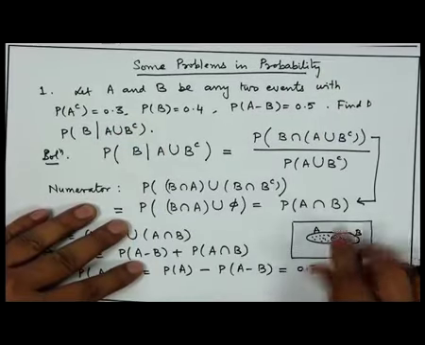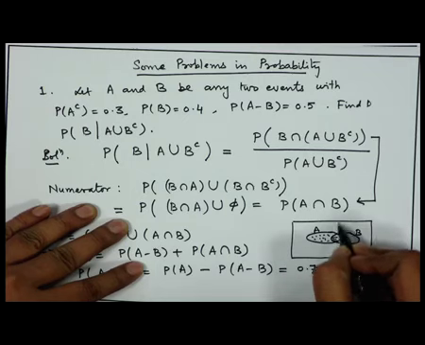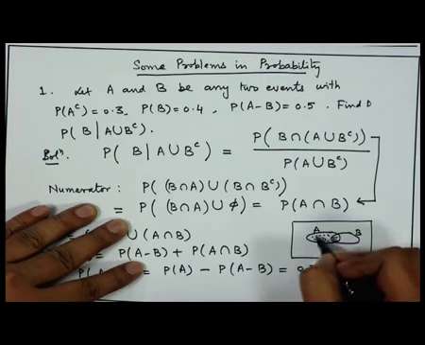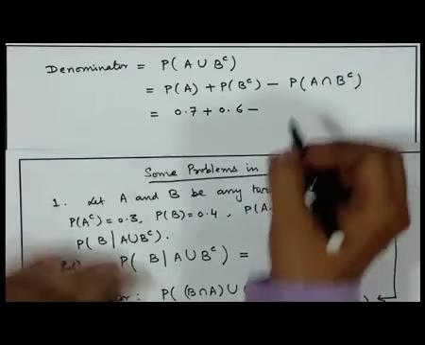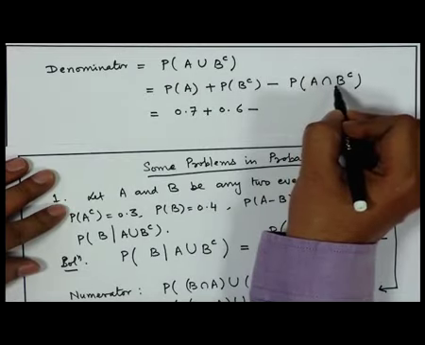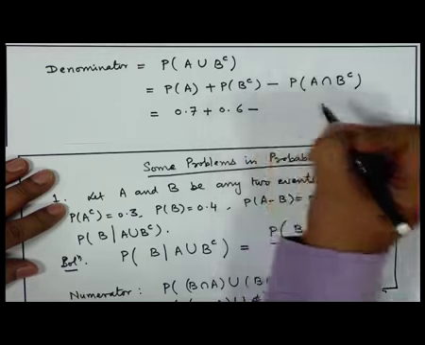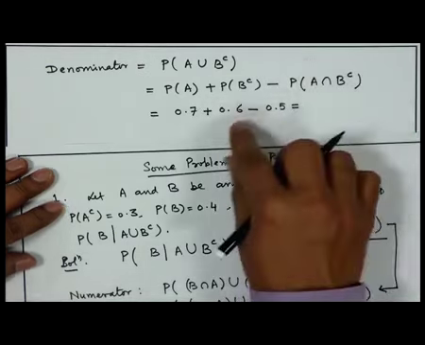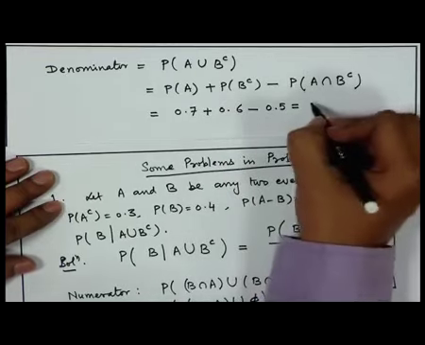From the Venn diagram you can see B complement is this entire portion and the intersection of B complement with A is exactly this portion, which I wrote as A minus B. So, A minus B and A intersection B complement are the same. So, that is equal to 0.5. You can evaluate it, this is equal to 0.8.